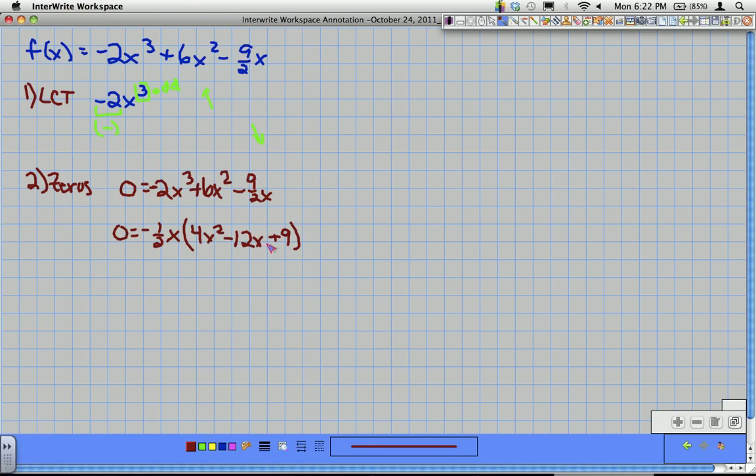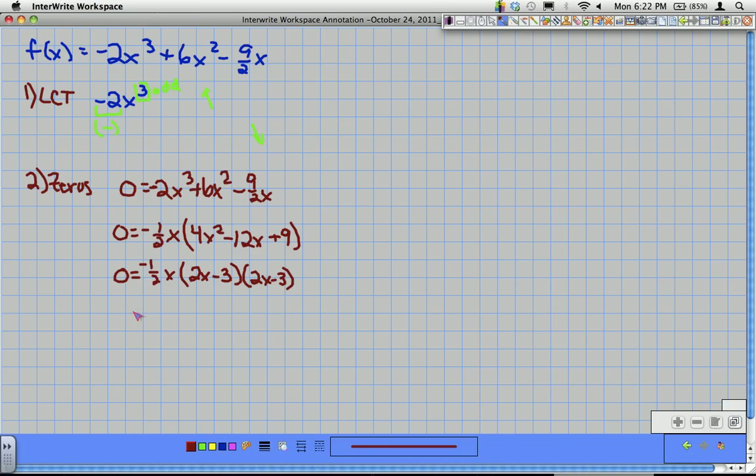Again, I'll leave the math up to you, but it's just taking each of these terms and dividing by this. Now this actually factors one more time into 2x minus 3 times 2x minus 3. So obviously a multiplicity of 2.